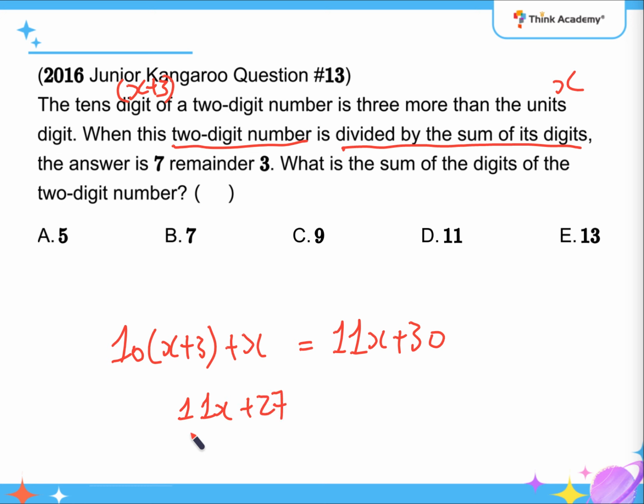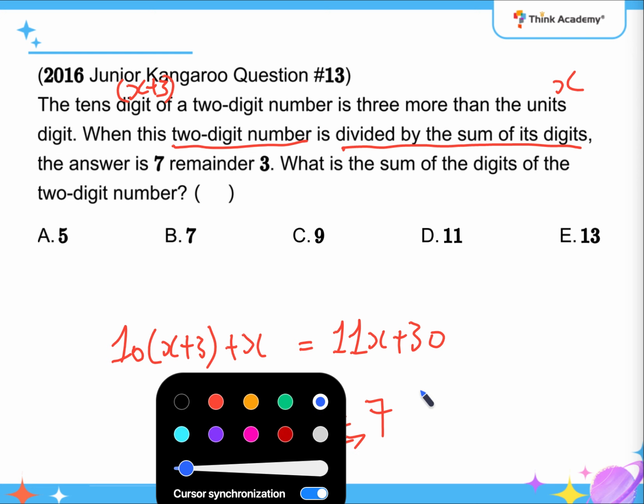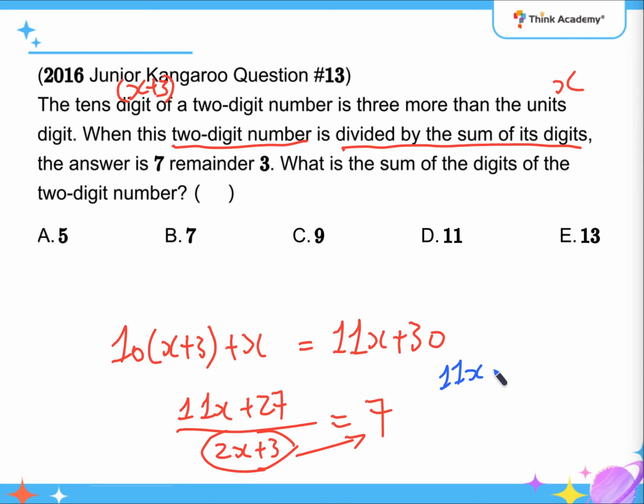Now when I am dividing it by 2x adding 3, I will get exactly 7. Which means that now I will be able to solve this equation. So multiplying this by 7, what I get is 11x adding 27 is equal to 7 times 2x adding 3, which is 14x adding 21.